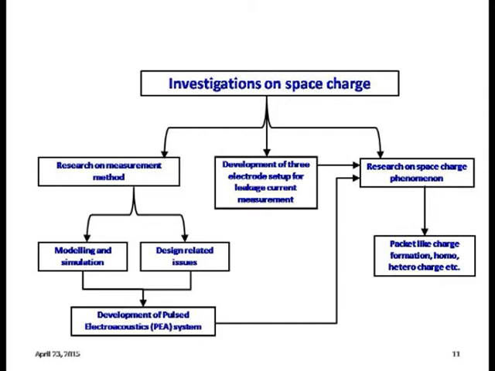Now after doing this, we have also observed charge packet formation, in which suddenly from the anode side, the positive electrode side, a charge packet emerges and passes through the insulation and reaches the opposite electrode, but never merges with it.